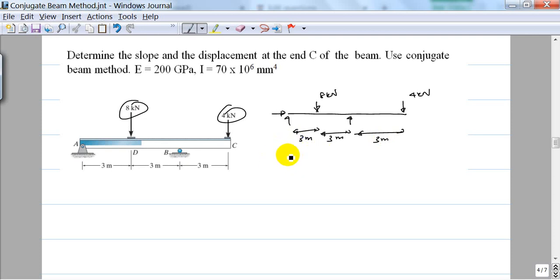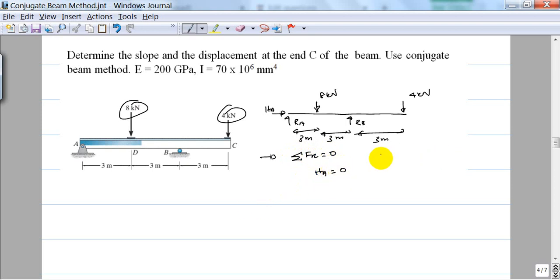So now I need to find these reactions. This is RA, RB, and this is HA. If I take equilibrium in the horizontal direction, the sum of all the forces is equal to 0. That brings me HA equal to 0.